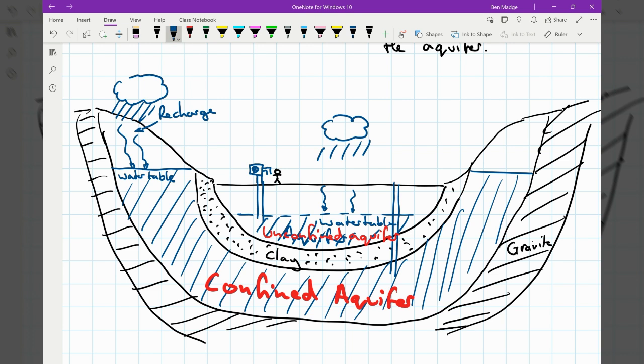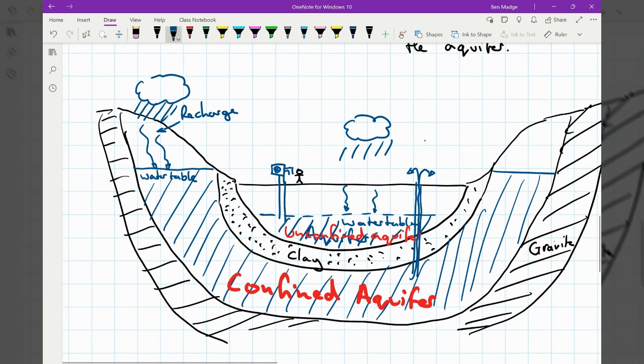This borehole here, water will come up under its own pressure because the water table is higher than it. And this means that we call these our artesian wells. And water will naturally come up under its own pressure from these, from a confined aquifer.